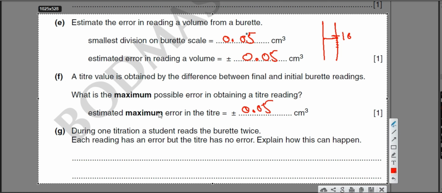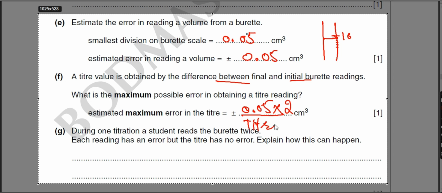And this is called the estimated maximum error in the titer, multiplied by 2. We read the burette twice, for the initial and the final readings, and then divide by the titer, the value you obtain during the titration. When you do this, you get the final answer. The titer you have to take according to your readings. So you just have to keep this formula in your mind.